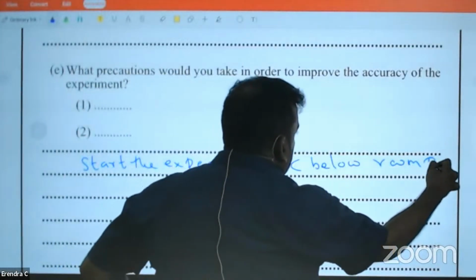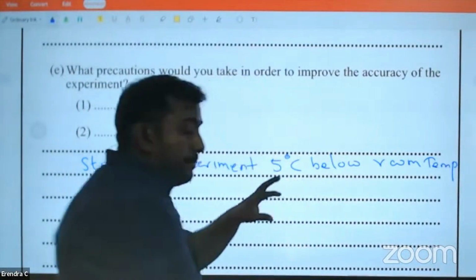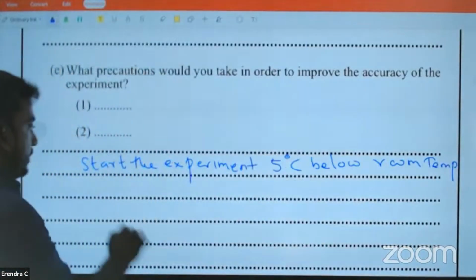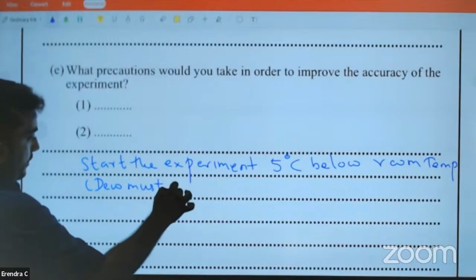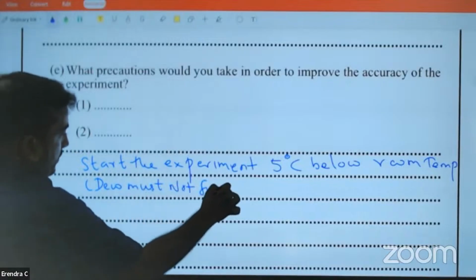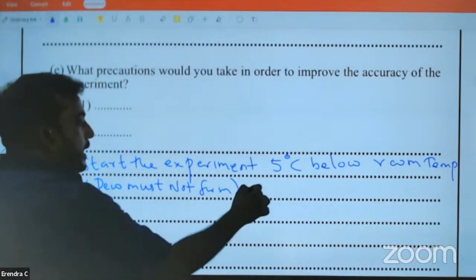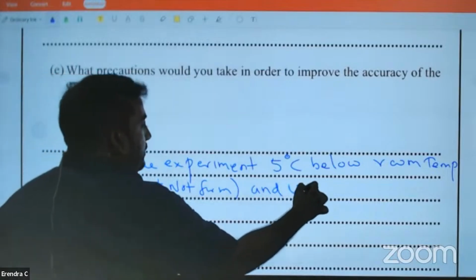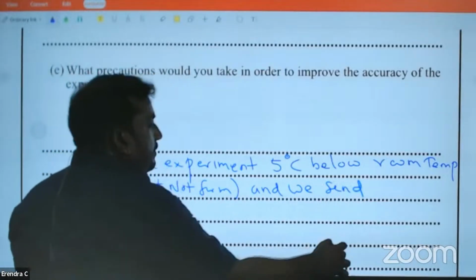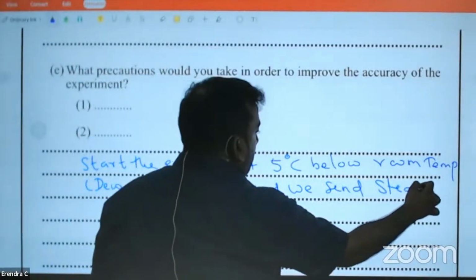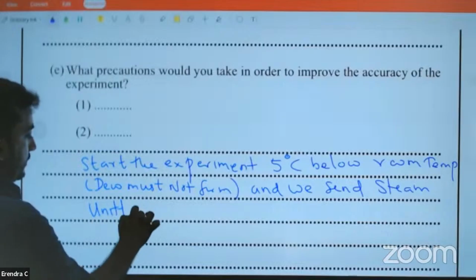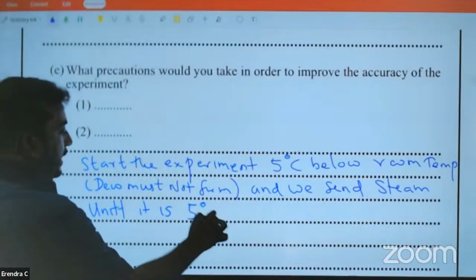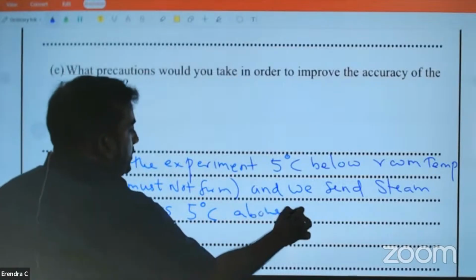Remember, dew must not form. And we send in steam until it is 5 degrees above room temperature.